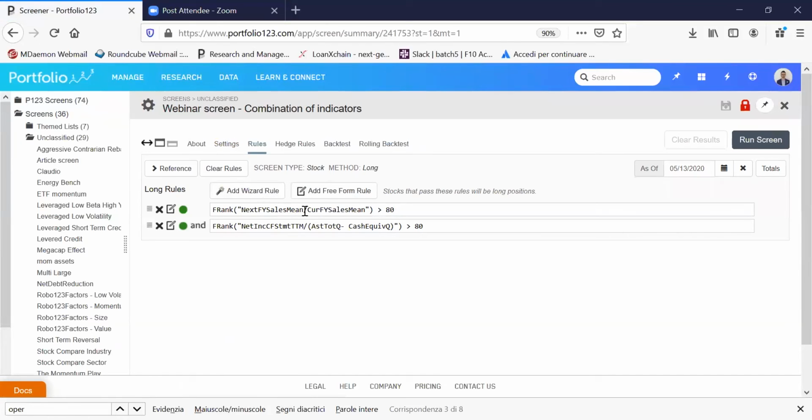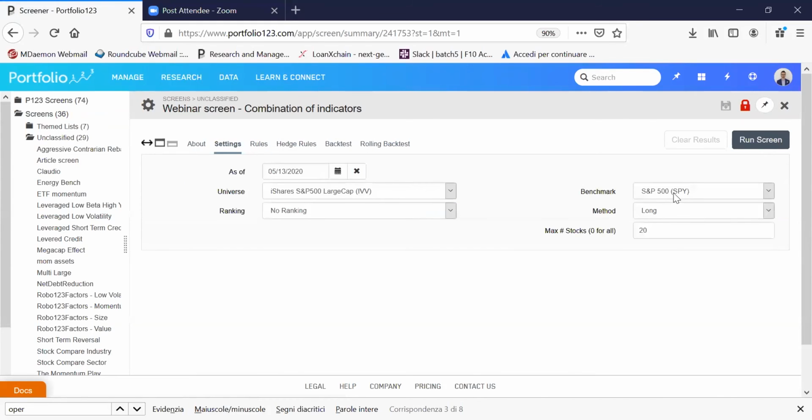So here we have first a ranking system. I'm calling it a long rule, a ranking system that looks at expected sales growth rate. And I'm doing this for the SP 500, thinking of it as a benchmark.